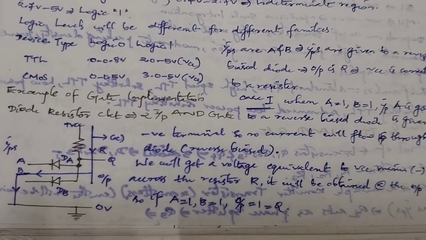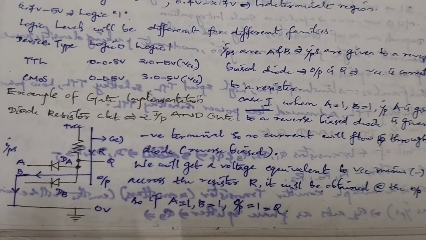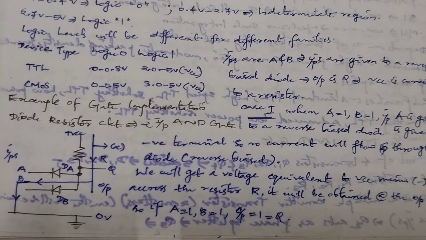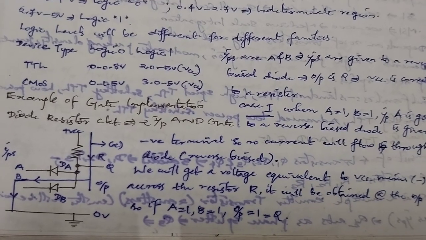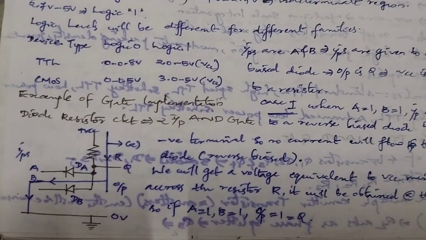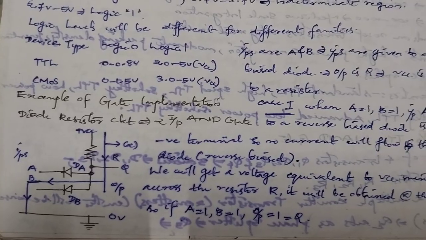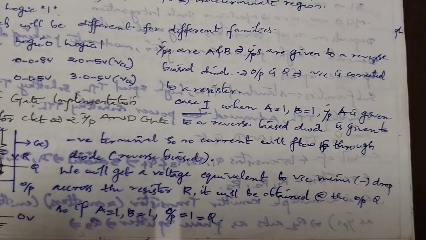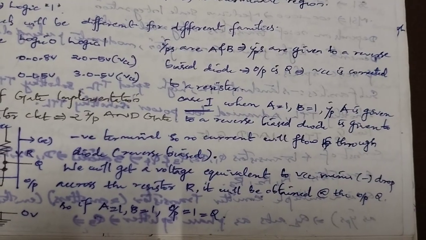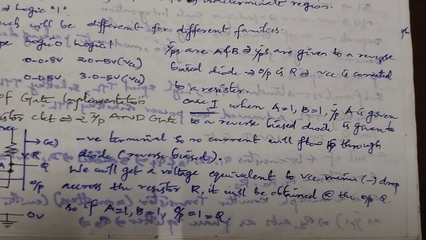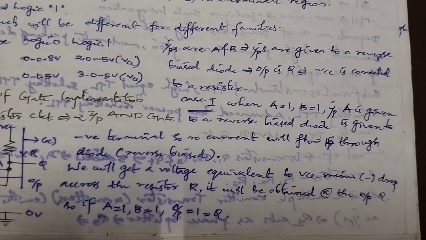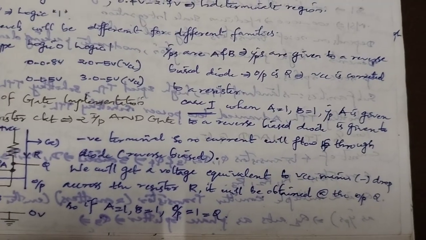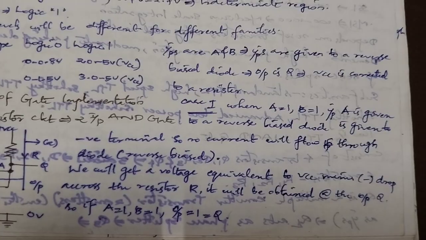Example of gate implementation: diode resistor circuit, two input AND gate. Case 1: A is equal to 1, B is equal to 1. Input A is given to the reverse biased diode, to its negative terminal, so no current will flow through the diode.